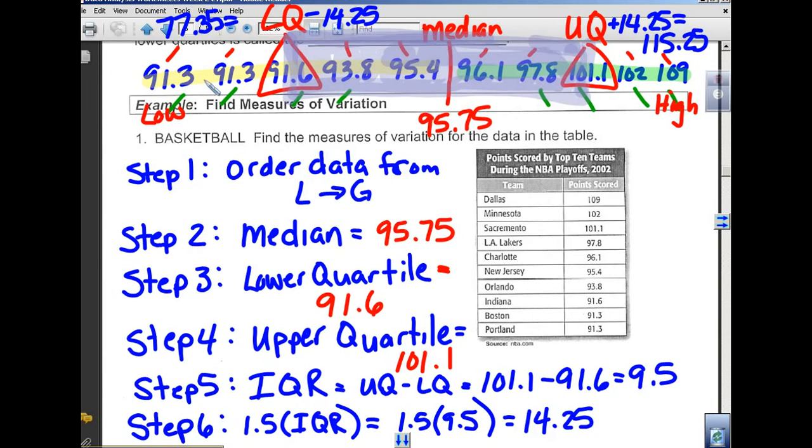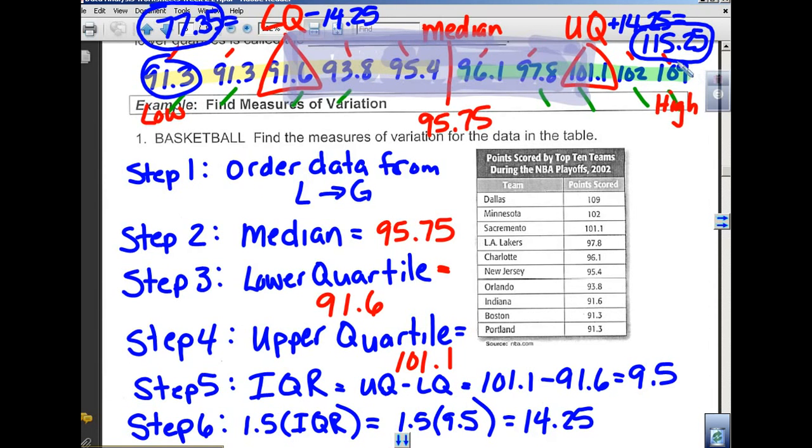Okay? By technical definition, this is an accurate number for the low end of this range of data, and this would be an accurate number for the high end. So if your low number is between this number and this number, then it's okay, it's not an outlier.